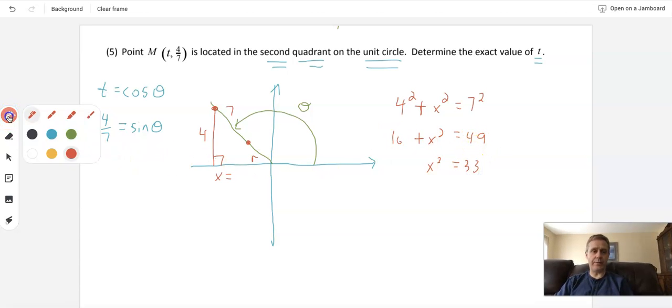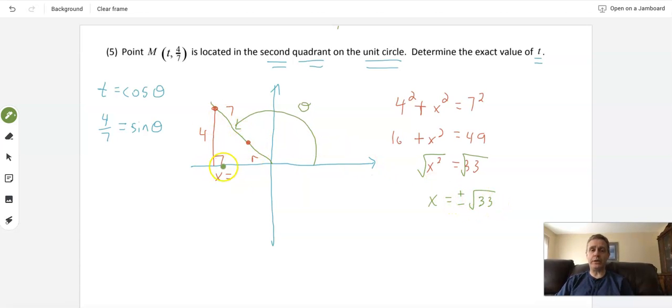And then to solve for x, we could just take the square root of both sides. We have to be careful because we're taking the square root, we have to consider plus or minus as a potential answer. So x should equal plus or minus the square root of 33.